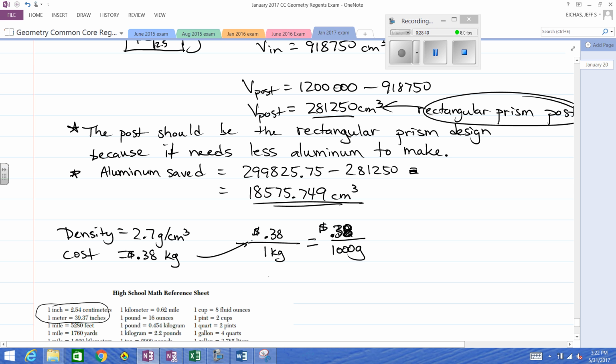Now, let's also incorporate this new ratio that we could look at. The density of this aluminum is 2.7 grams for every 1 cubic centimeter. But what we have is this many cubic centimeters.